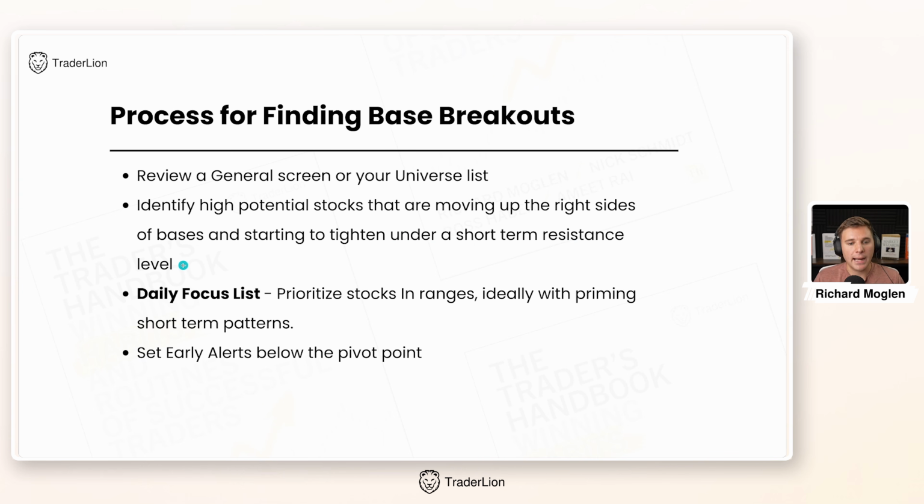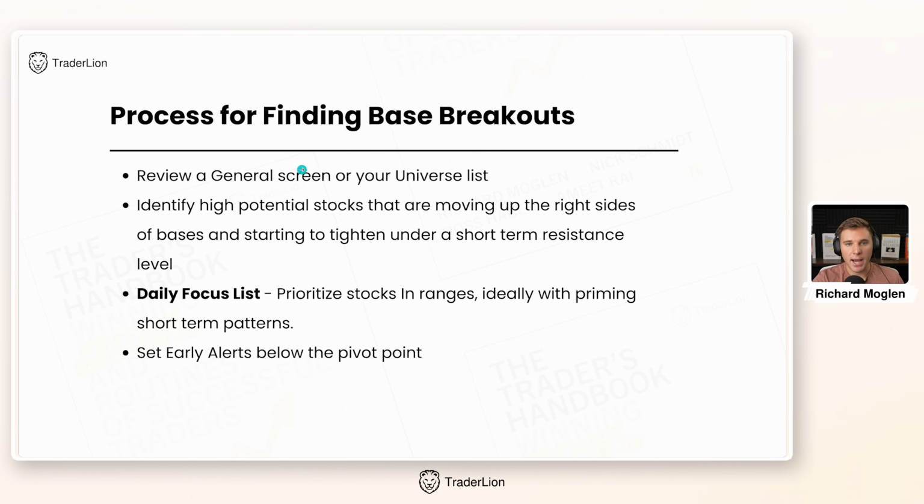And then from there, any ones that are really interesting, forming tight areas, have priming patterns, I put them on my daily focus list, which is 1 to 4 stocks. So I don't have much to focus on in the morning. And I prioritize stocks in ranges, ideally with priming short-term patterns, like I mentioned. And then, like I said, I set early alerts below the pivot point. This is my overall process for finding and trading these base breakouts.